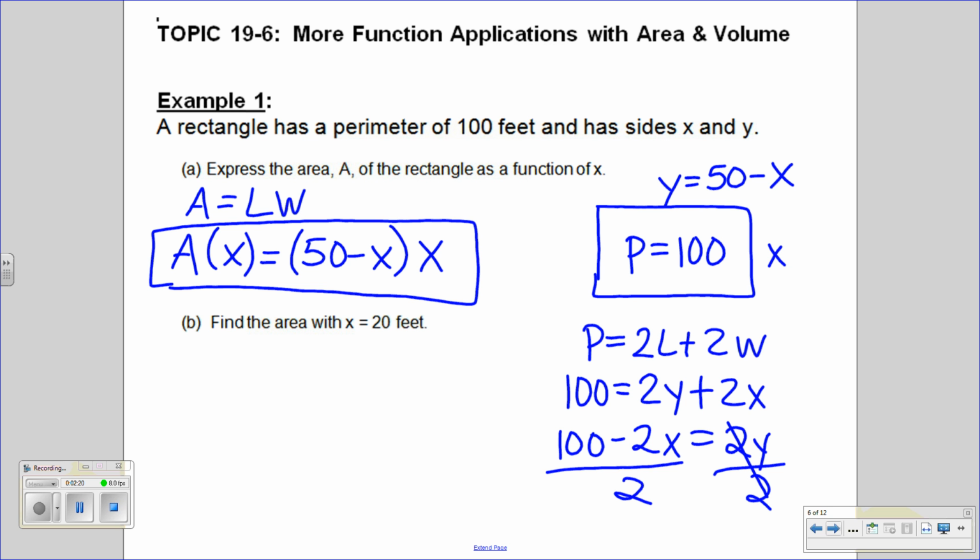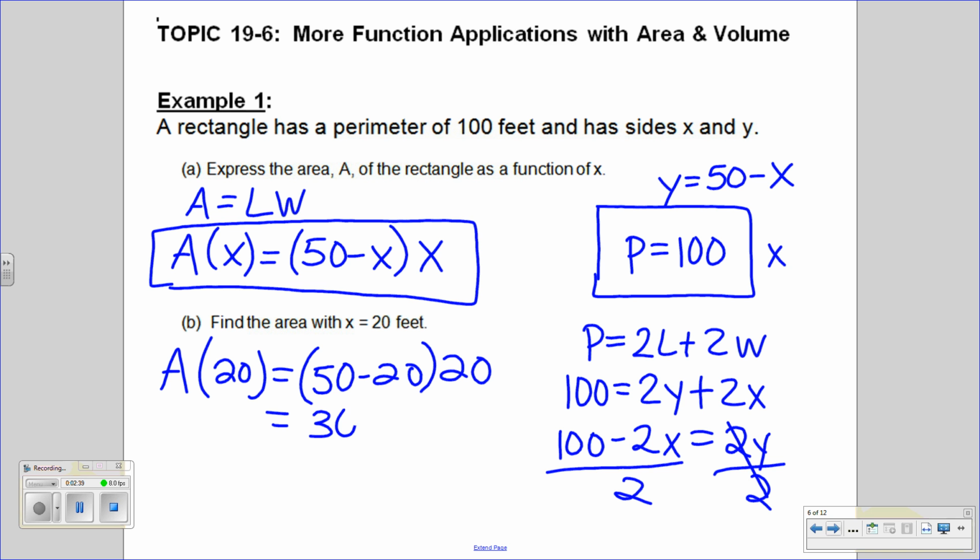So now B says find the area of the rectangle when x equals 20 feet. So all we're going to do then is plug in 20 into our function. And so we'll have 50 minus 20, which is 30. And 30 times 20 will give us 600.